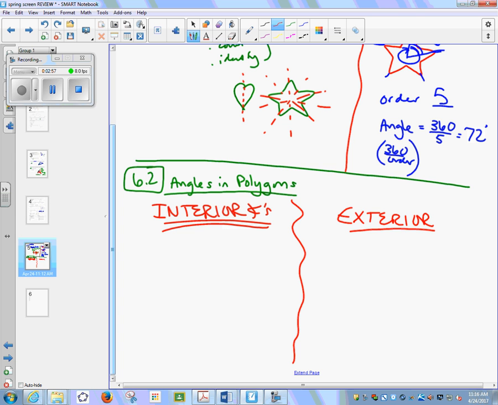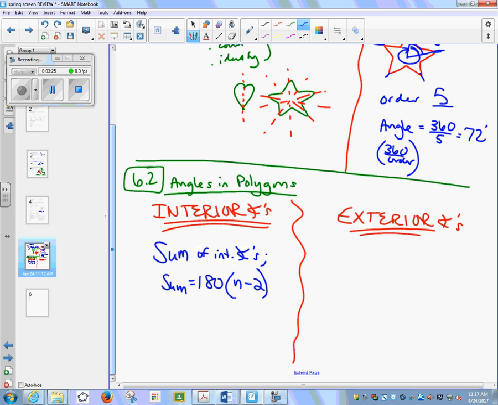In both cases, a significant number would be the sum. And the sum of the interior angles has a formula: 180 times n minus 2. That gives you the sum of interior angles, where n is the number of sides.